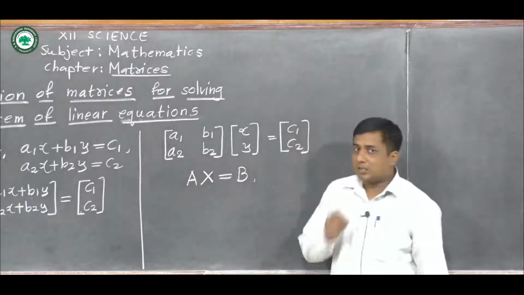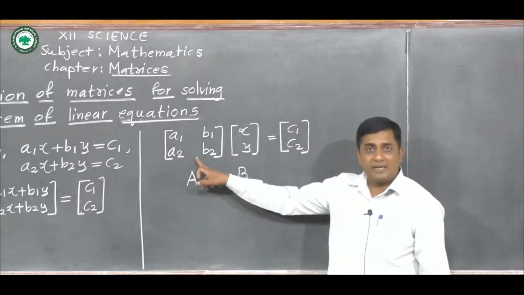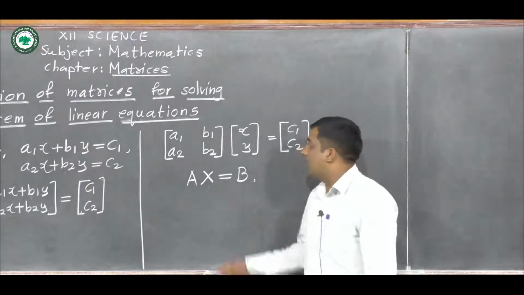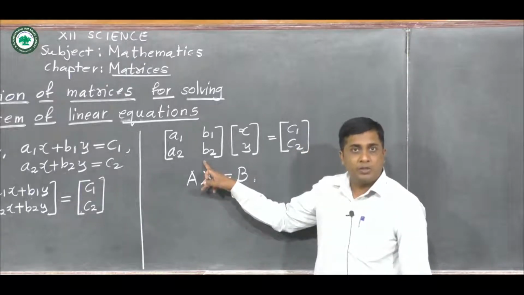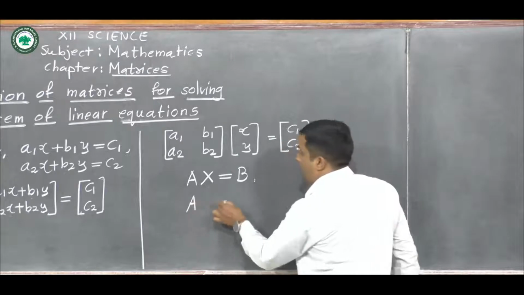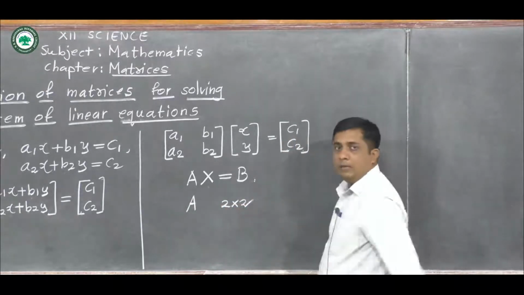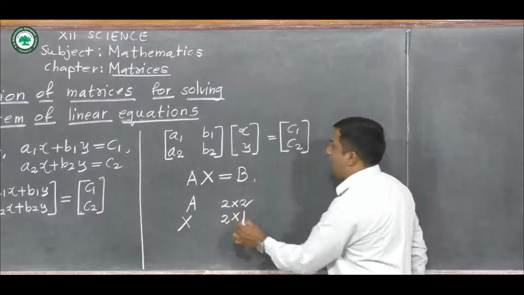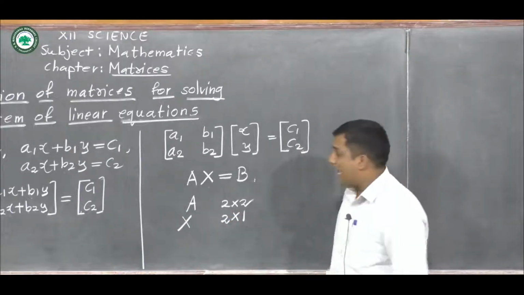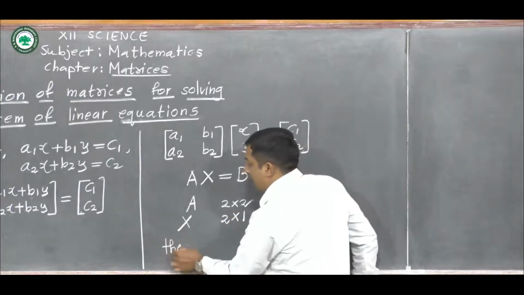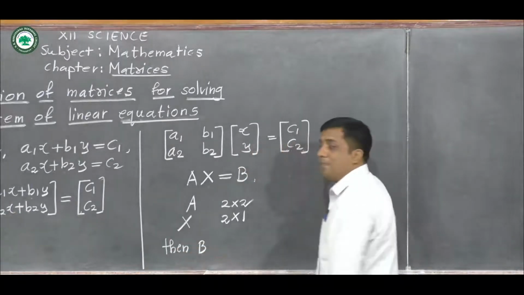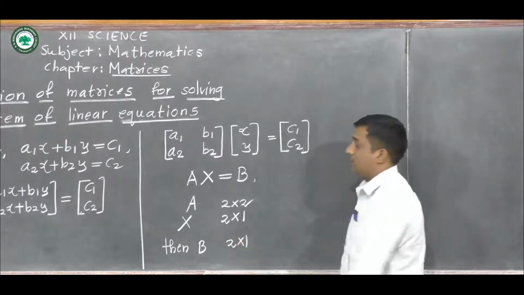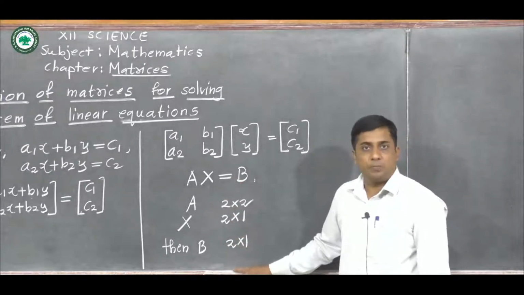Also remember, A is the matrix having order 2 by 2, X is the matrix having order 2 by 1, and then by using multiplication, B is the matrix having order 2 by 1. So remember this point also.